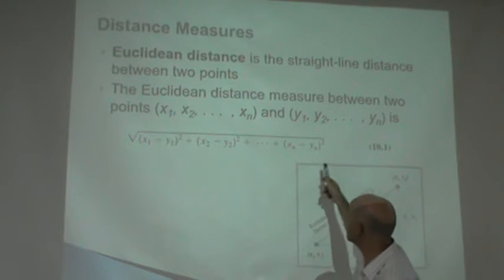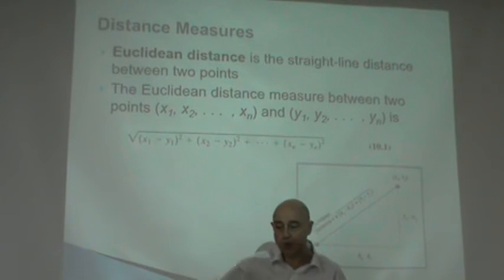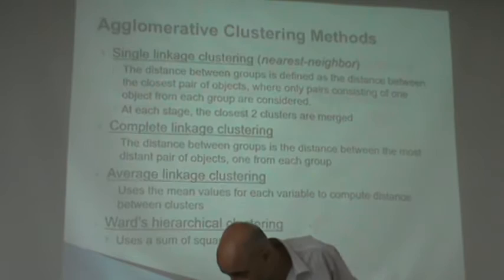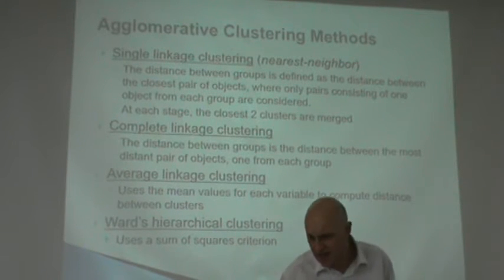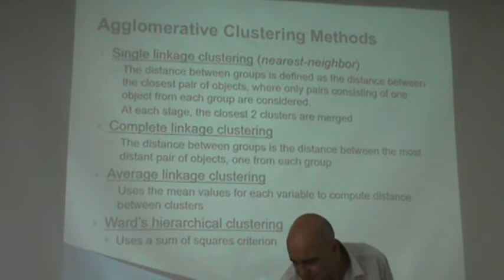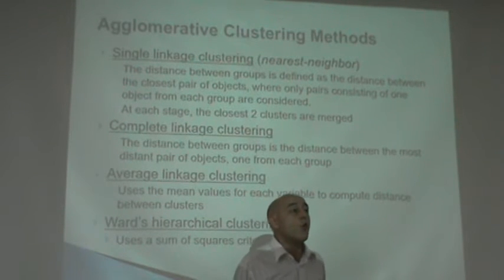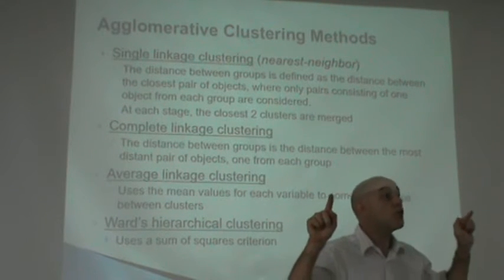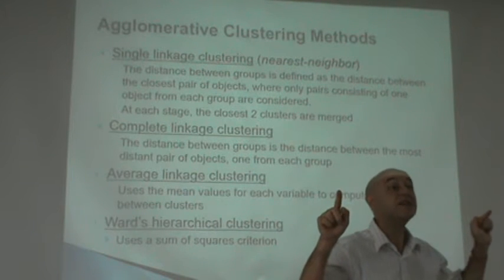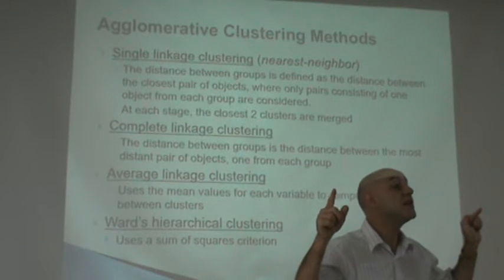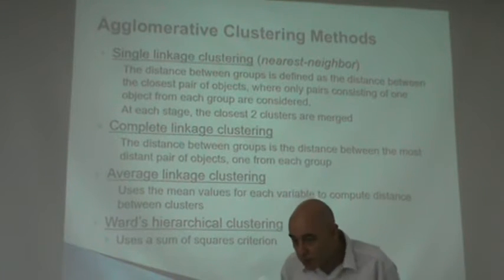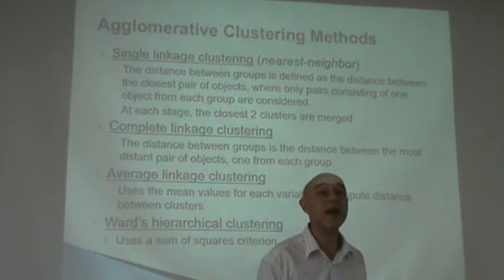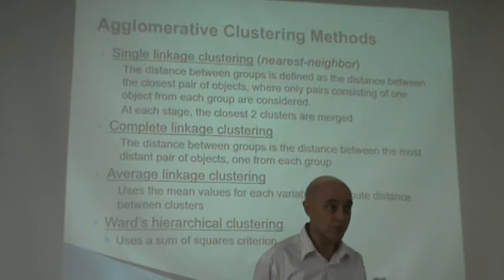So that's a basic way to measure distance. Now, things get fairly complicated. If you have distance between 2 points, it's relatively easy to determine what it is. Now, things get a lot more complicated when you have distance between groups.